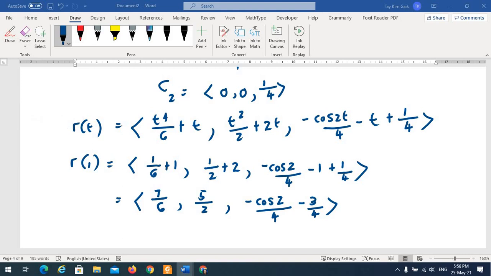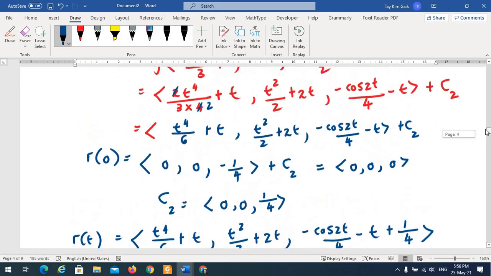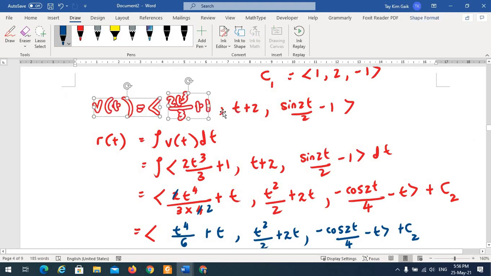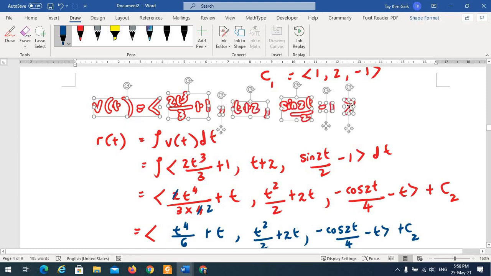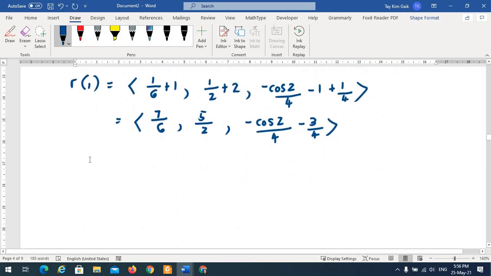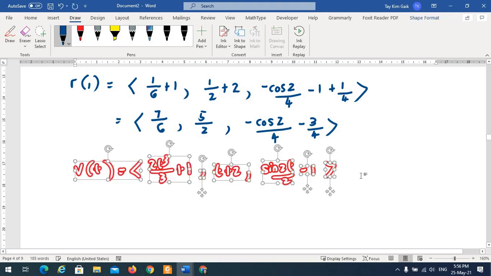Okay, and then they want to find speed, right? Okay, speed is what? Velocity consists of the magnitude and direction. Speed is actually the magnitude of the velocity. Okay, this is velocity.